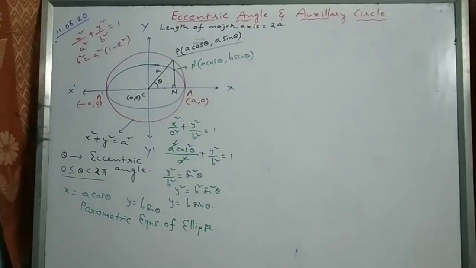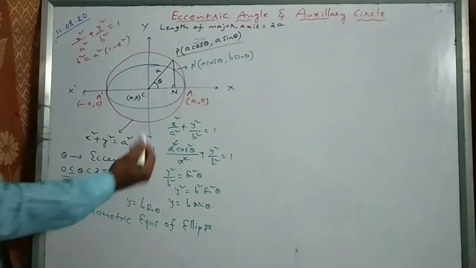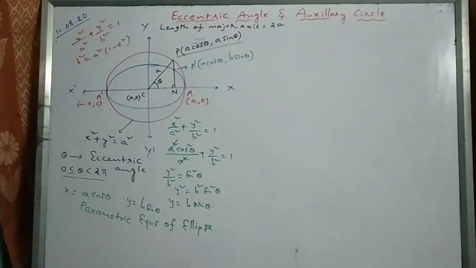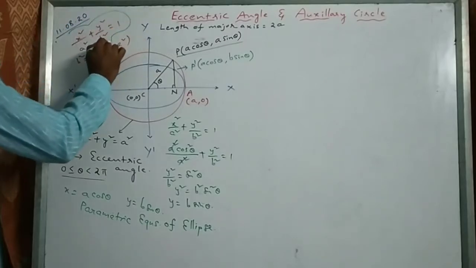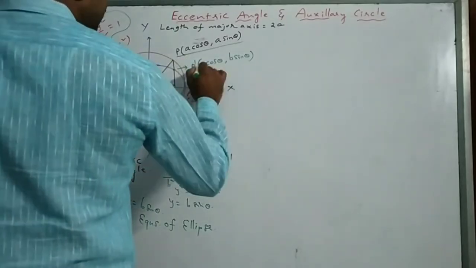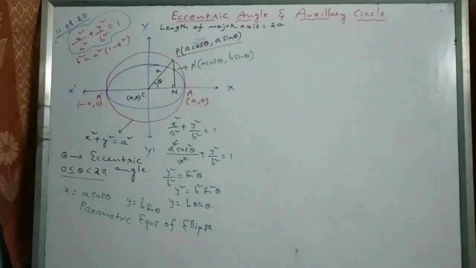Parametric equations of ellipse for all theta. These two equations will satisfy the ellipse equation, right? So that's why they are called parametric equations, and this point is called parametric form. Okay, a cos theta comma b sin theta.